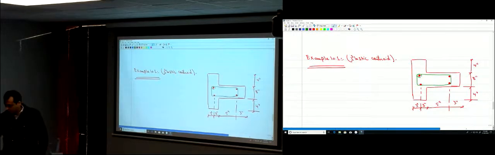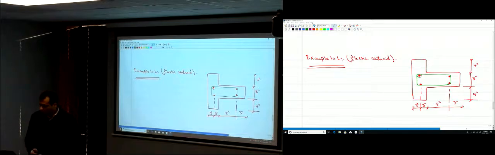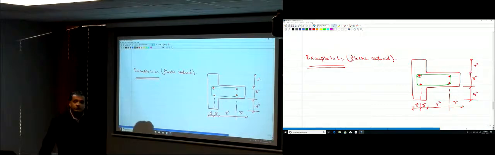As you see in this example, we have this column and we're required to find the plastic centroid. To find the centroid, I just need to give you the section. But to find the plastic centroid, you need to know the material properties. For example, this section has steel and concrete, so what's the strength of the steel and the strength of the concrete?